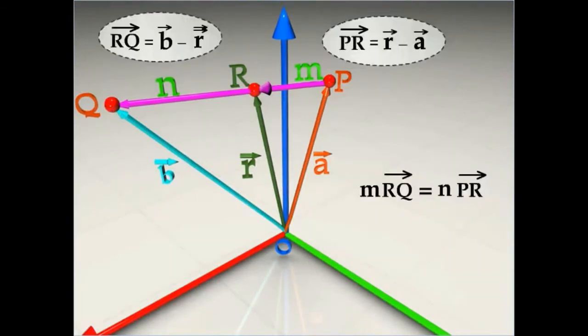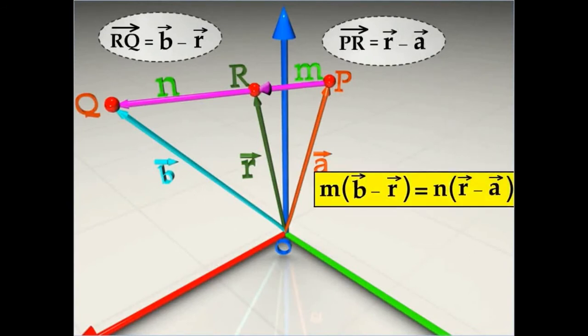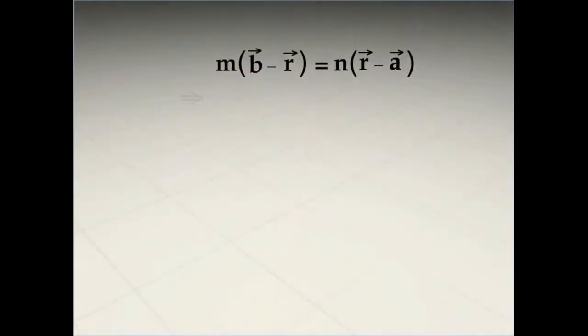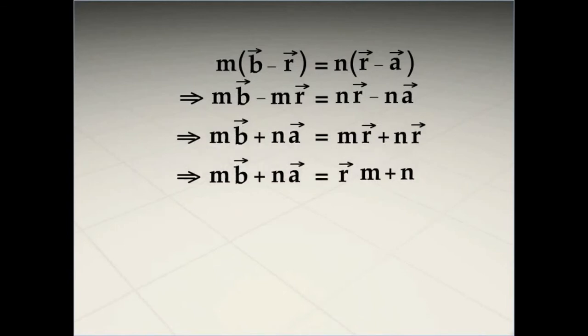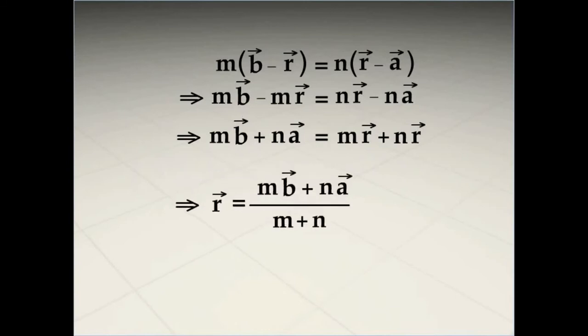By substituting vector B minus vector R for vector RQ and vector R minus vector A for vector PR, you get this equation. Solving this, you get the position vector of point R, that is vector R as m into vector B plus n into vector A upon m plus n.